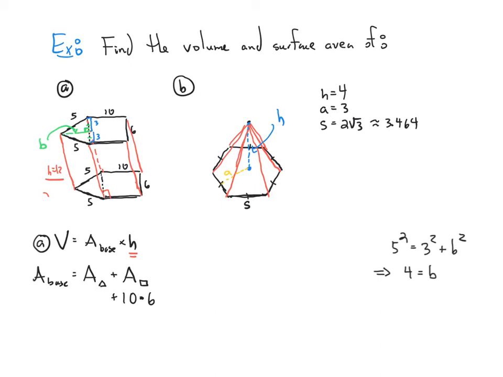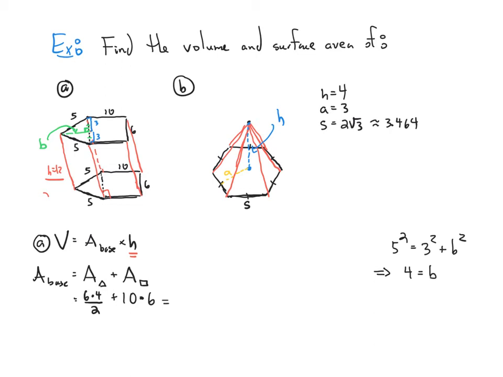So the area here is going to be the base, which is this length here, 6. So it's going to be base 6 times height 4 over 2. Remember, areas of triangles, base times height over 2. So we calculate this.